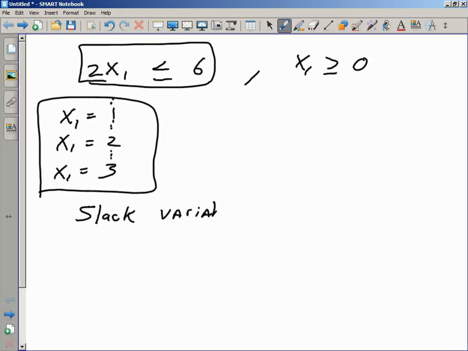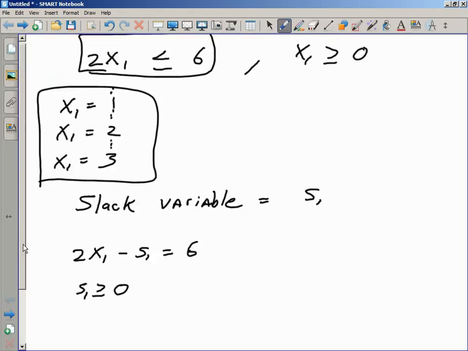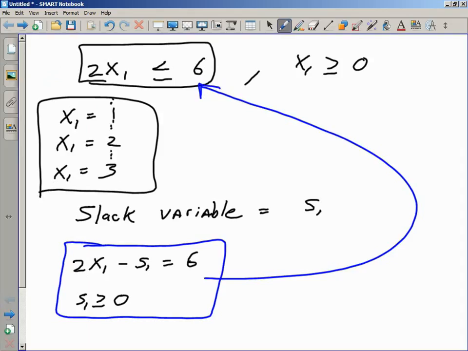Okay. I'm going to call this guy s1. And I'm going to rewrite this equation as 2x1 minus s1 is equal to 6, where s1 has to be greater than or equal to 0. Okay? So I'm going to show you that this equation is equivalent to this inequality.